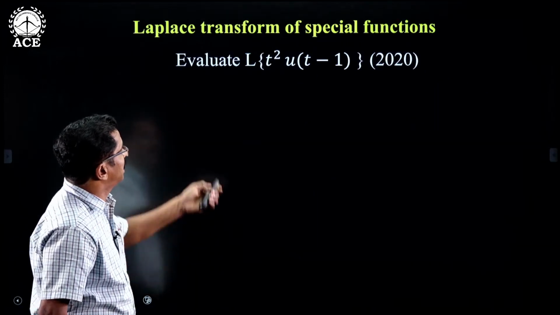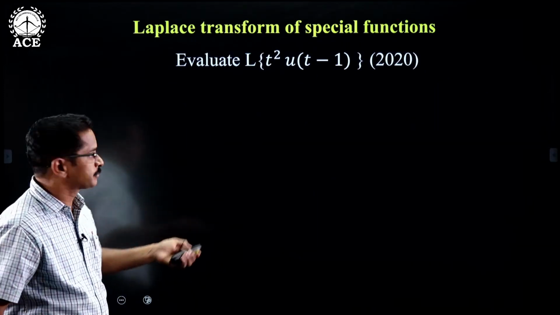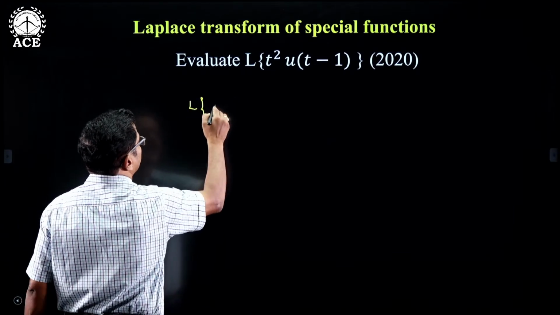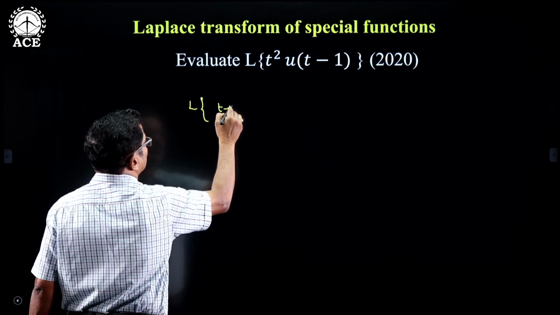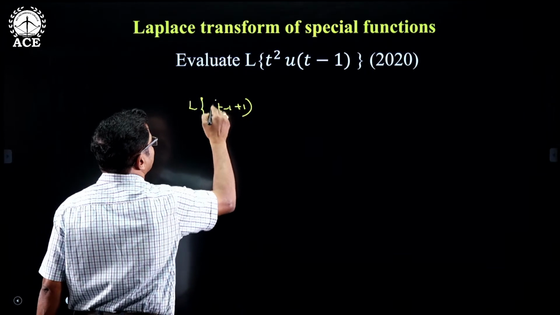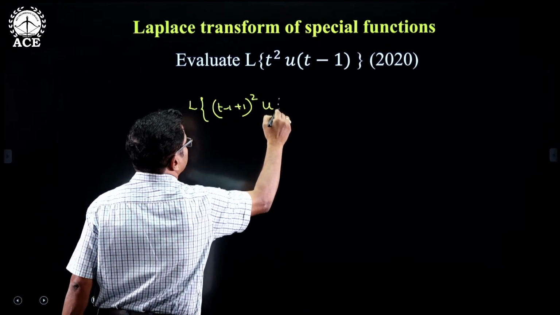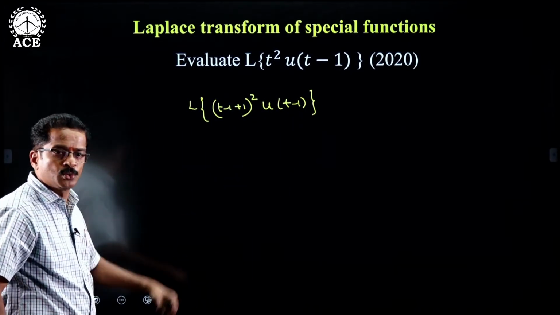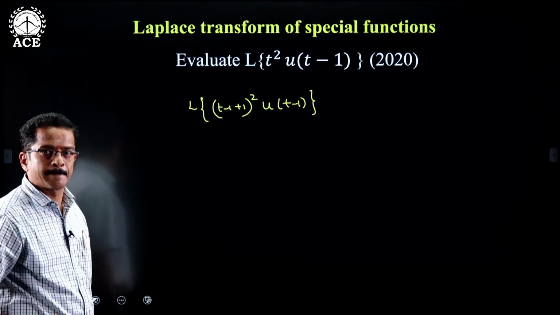Right? See, L of t square into u of t minus 1. This only I am going to discuss here now. L of t square: I will write t minus 1 plus 1 whole square into u of t minus 1. I am converting into f of t minus a into u of t minus a.